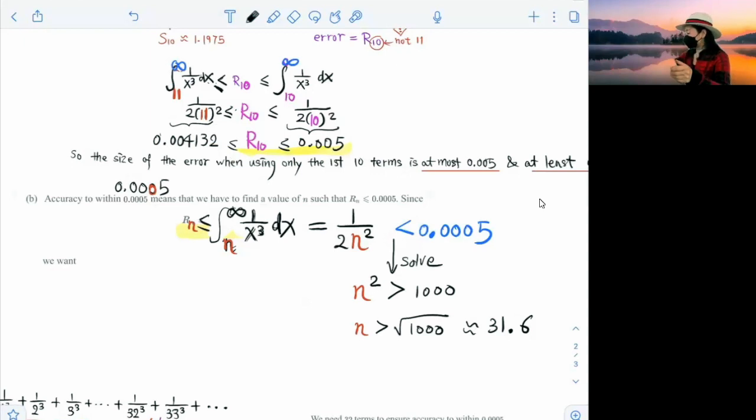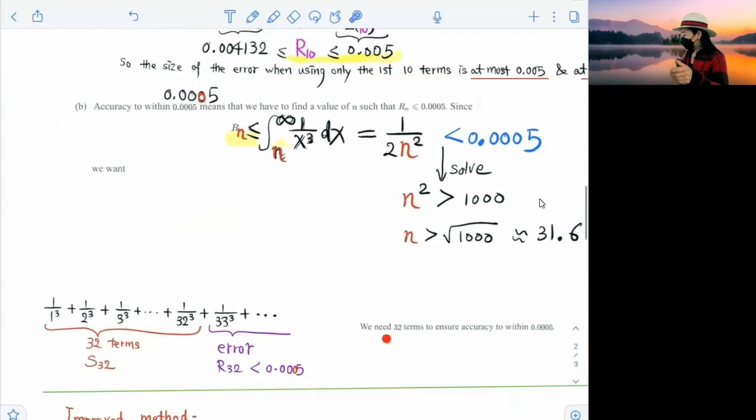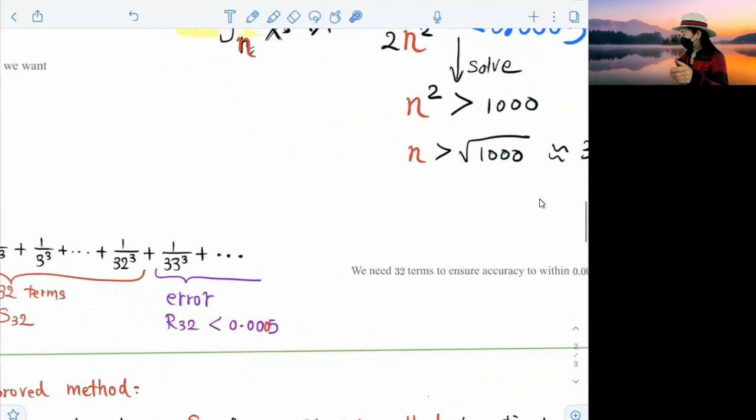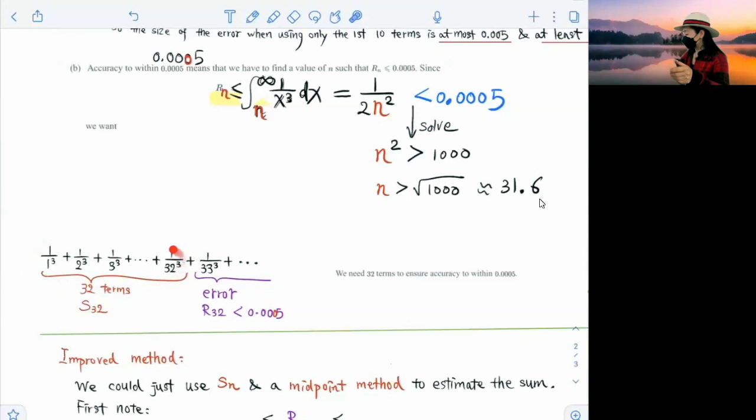That means you need at least 31.6 terms, but you cannot have 31.6 terms, so you have to go to the next whole term. So how many terms do we need? 32 terms, yes. So 32 terms to ensure the accuracy. So you add up the 32 terms, then the error will be less than this.